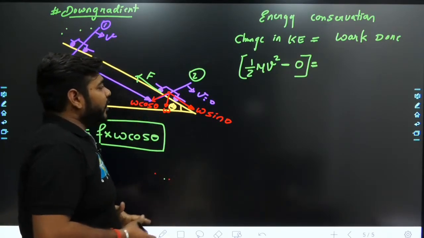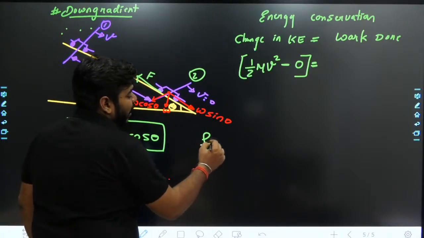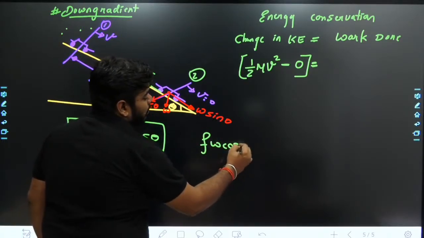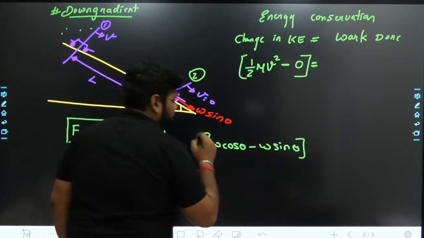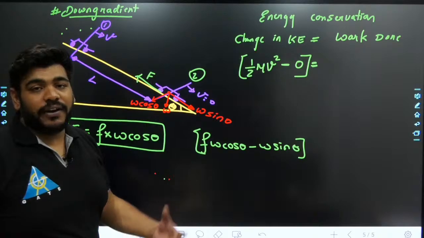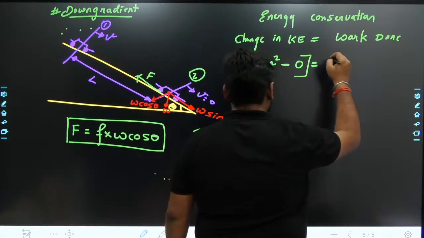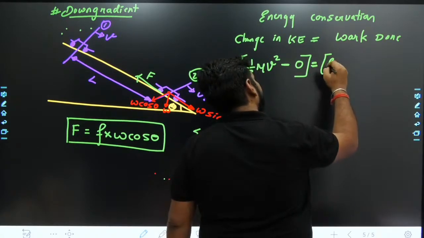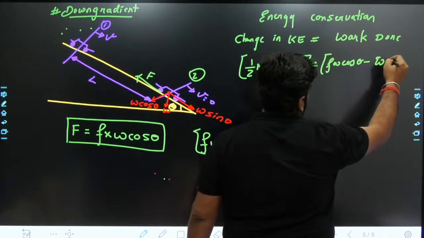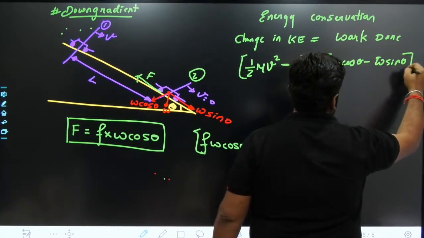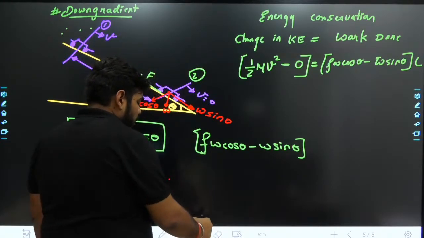So the resultant force, the combined force that is trying to stop your vehicle, can be written as (F W cos theta minus W sin theta) multiplied by L.